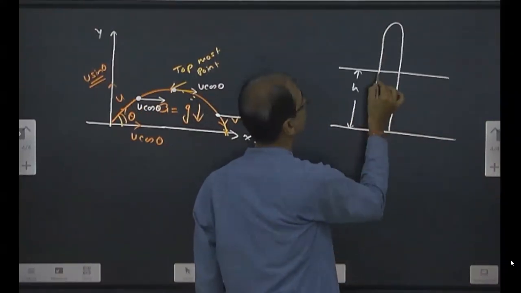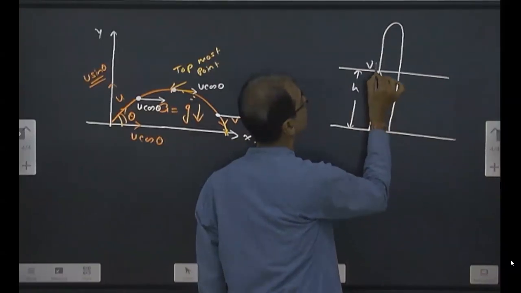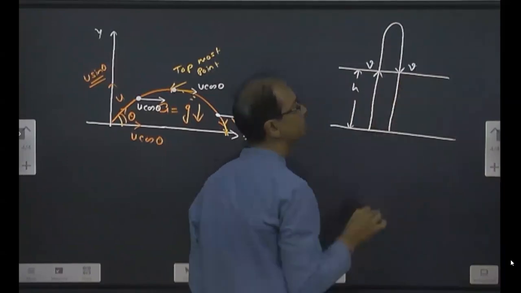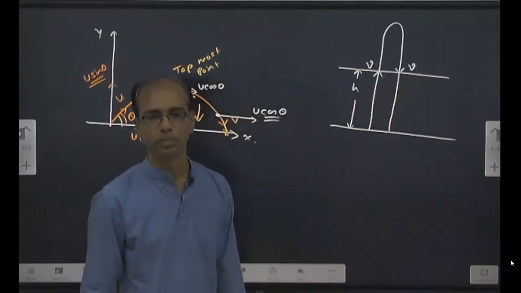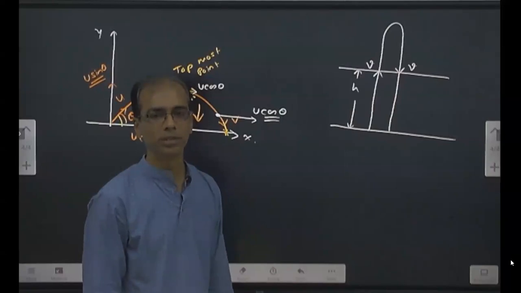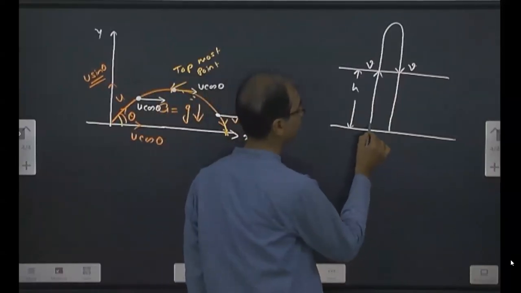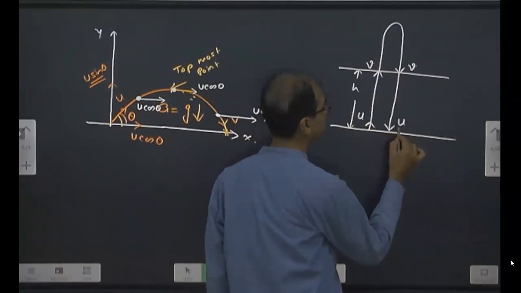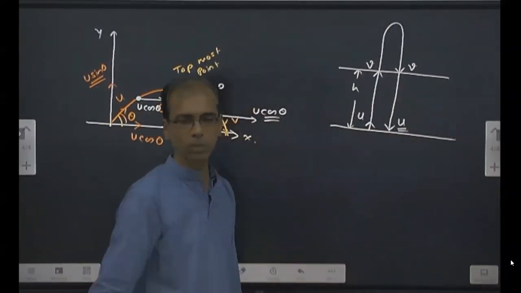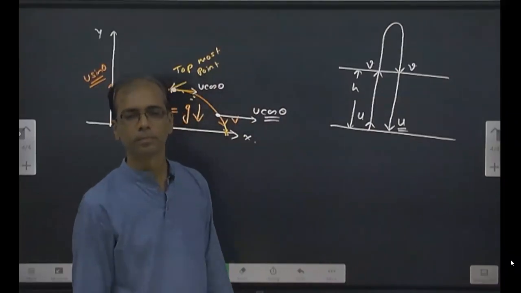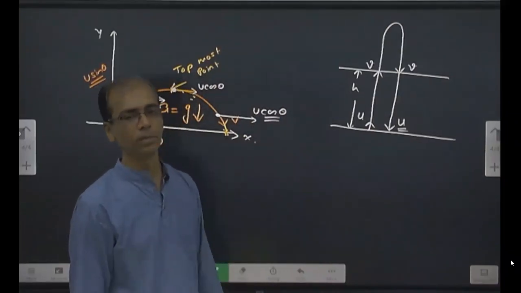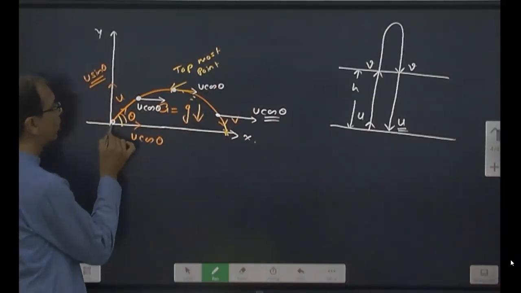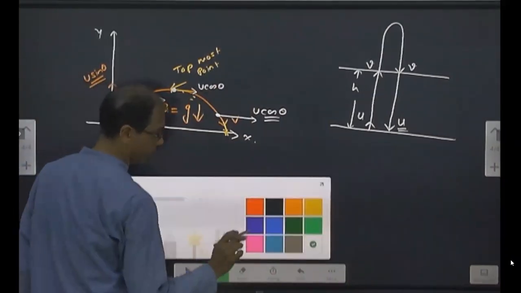If while going up its velocity at this height is v, then while coming down also its velocity magnitude will be the same. If I am throwing a particle from here with speed u, then it will strike the ground also with speed u. Do you remember that concept? Yes, sir. Exactly the same thing we are going to apply here also. Now, at the starting point, what is its velocity? Upward.